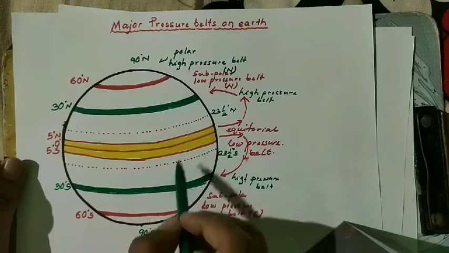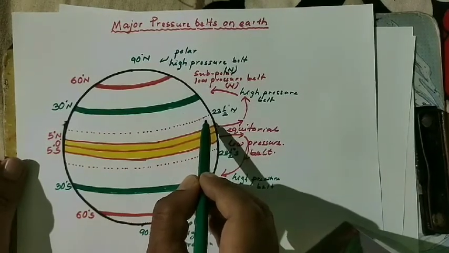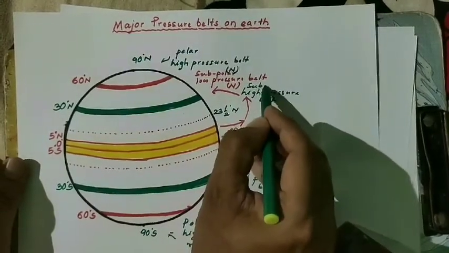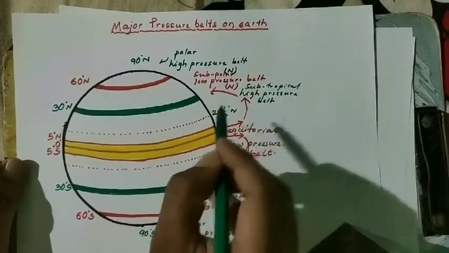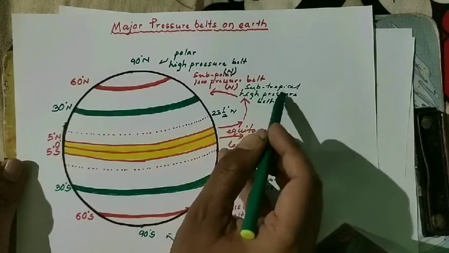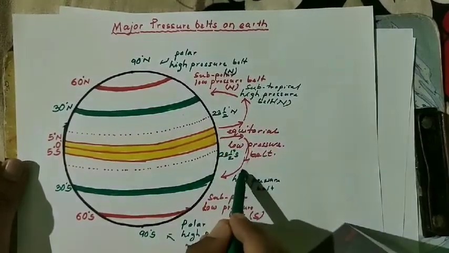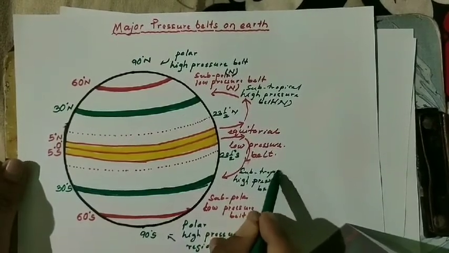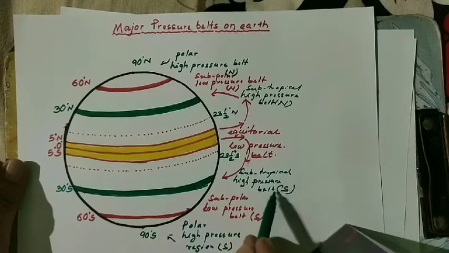So this area lies near the tropics, hence it is called the subtropical region. As this area is subtropical, this pressure belt is called the subtropical high pressure belt in the north side. Similarly, this is also the subtropical high pressure belt in the south side.